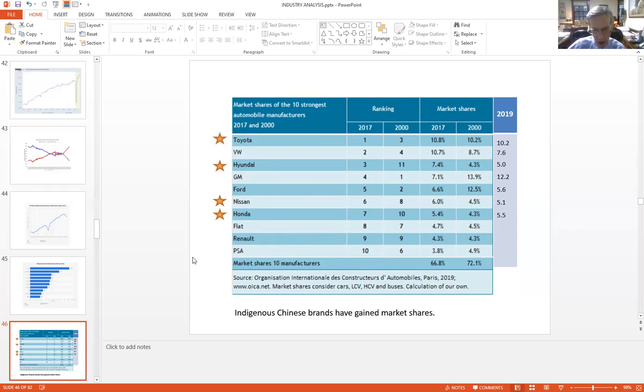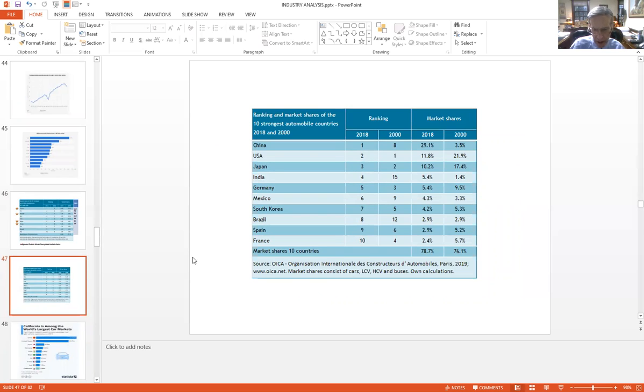So we have kind of a world war going on between Japan and Asia, Europe, and the United States. What's not on this chart are auto companies that are unique to China. Chinese auto companies that just sell their products in China. Eventually, they'll sell them outside of China, but they're not reflected here, and they're growing.